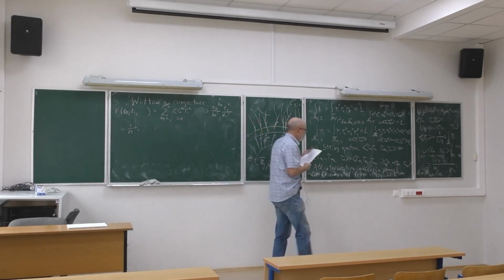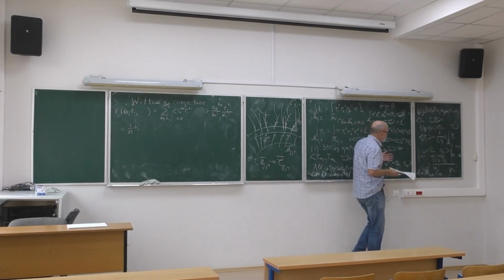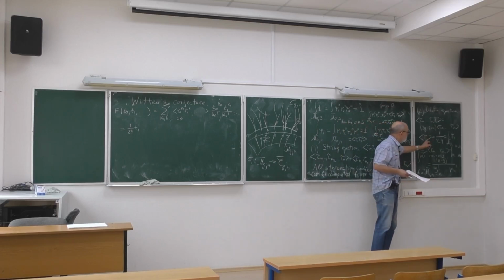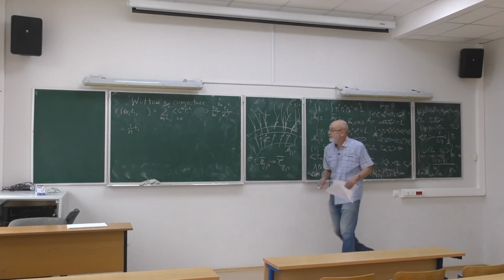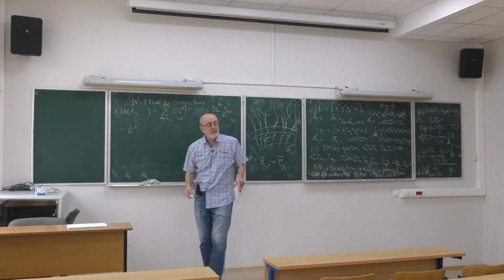It does not look dangerous. For example, knowing that the intersection index of tau 1 is 1 over 24, we simply write 1 over 24 t1.